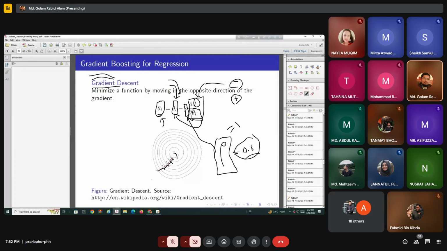That's why usually we set this learning rate like 0.01, or maybe less than that, 0.0001, this way, so that we can move slowly utilizing tiny steps.